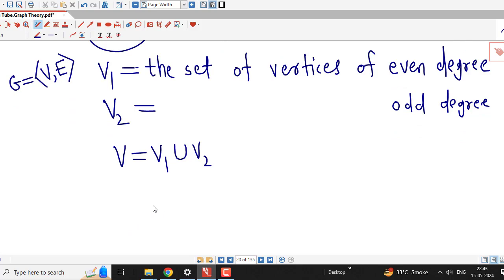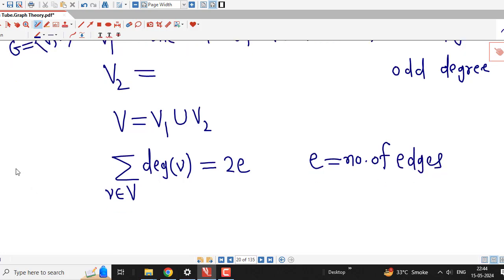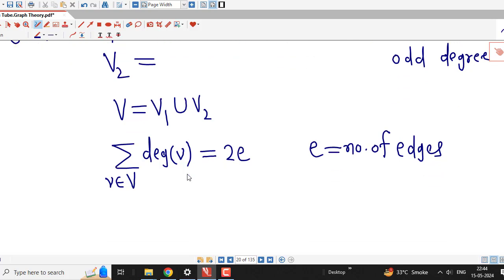Now by the handshaking theorem we can say that the sum of degrees of all the vertices, sigma degree of v, where v belongs to the set of vertices, is equal to 2 times the number of edges, where e is the number of edges in the graph. So this is by the handshaking theorem.